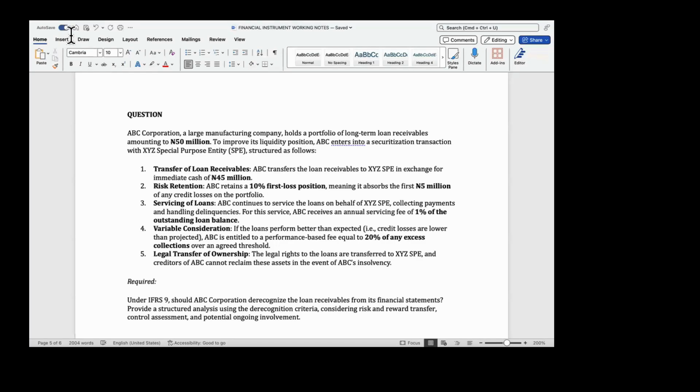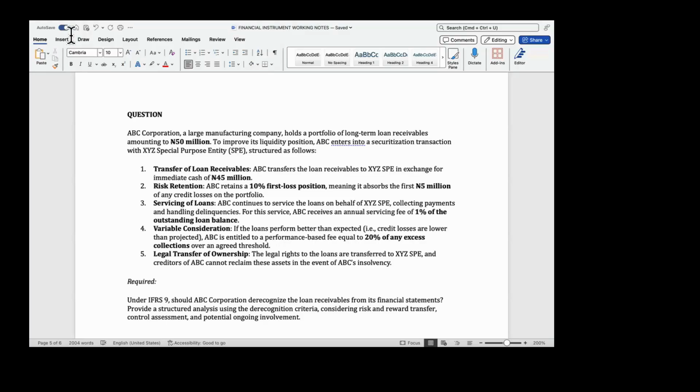2. Risk retention. ABC retains a 10% first loss position, meaning it absorbs the first 5 million naira of any credit losses on the portfolio. 3. Servicing of loans. ABC continues to service the loans on behalf of XYZ SPE, collecting payments and handling delinquencies.